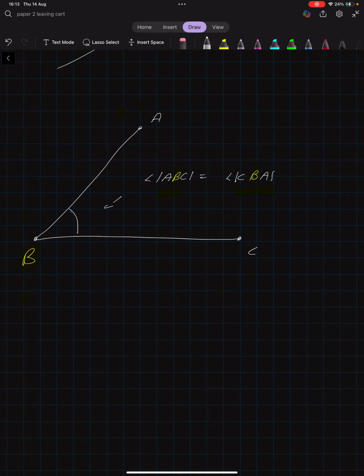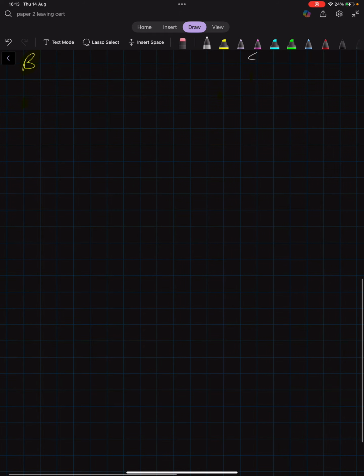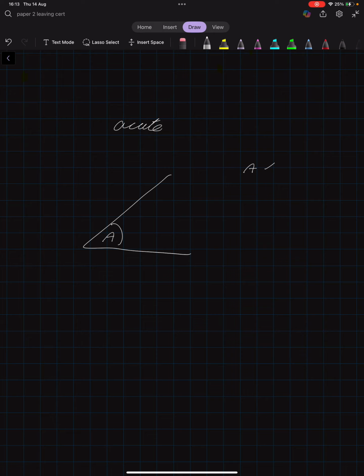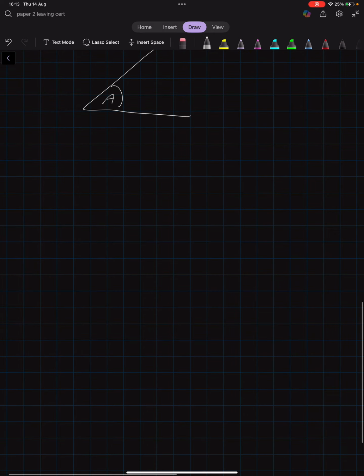Okay, so then you have an acute angle. This is an angle that's just less than 90. So the angle here, call it A. If A is less than 90 degrees, you call it an acute angle. A right angle is obviously just equal to this.